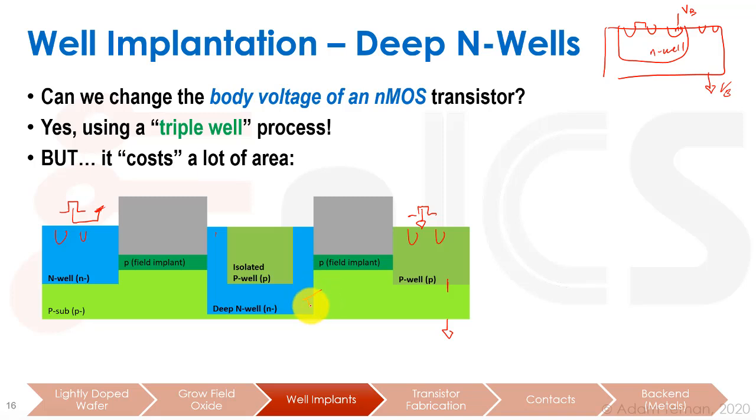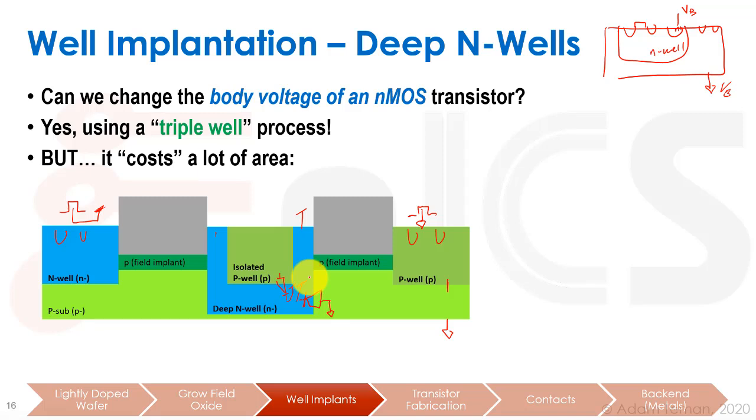So this is an N-well, and we get this diode that's over here. Remember, this is at ground, and we also get another diode that's over here, right? And what we know is that this is going to be higher than ground. So what we have to do here is connect this to VDD in order to make sure that these diodes will never turn on and everything is fine.